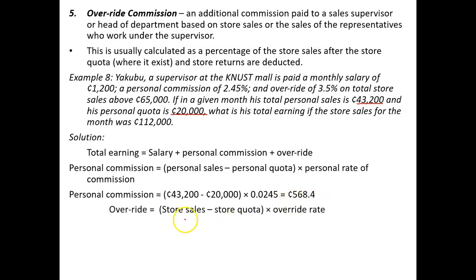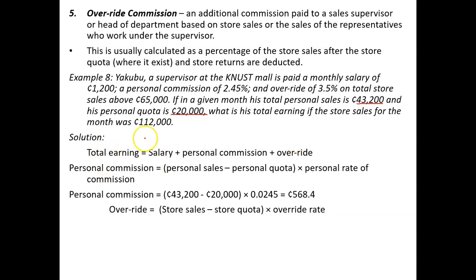Now to find the override, the override should be equal to the store commission amount times the override rate. And to get the store commission amount, it should be the entire store total sales minus the store quota.